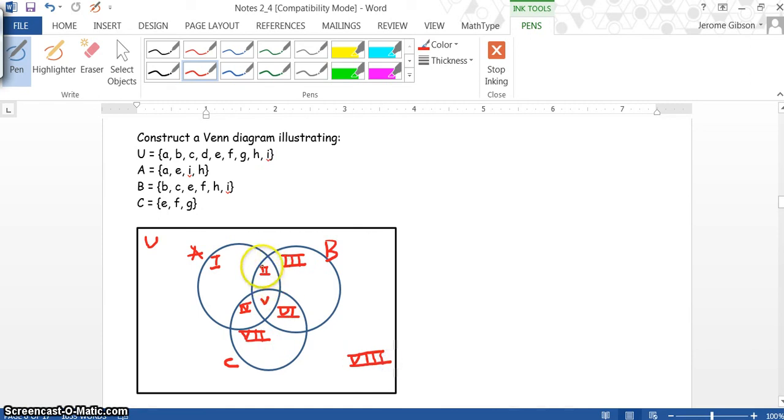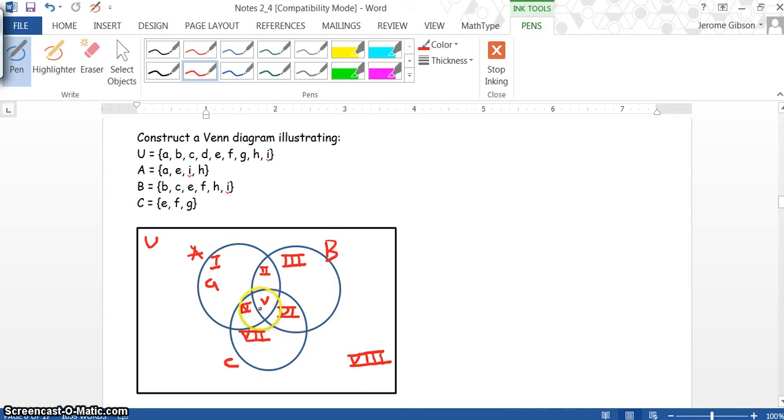Now we listed our regions. Now we want to list these elements in their proper places. We look here at A, B, and C. A is only contained in A. Now we look at our E's. E is contained in A, B, and C. So the region that has A, B, and C is region 5.